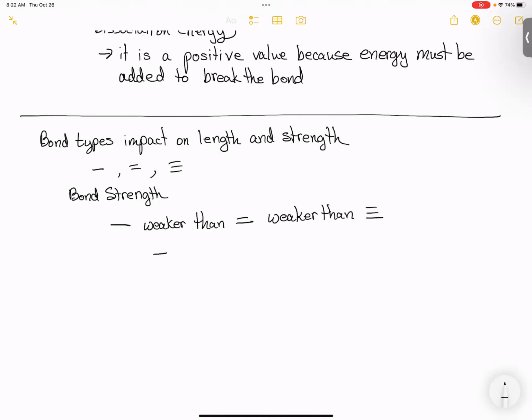Or in other words, you can look at it like this. This one is the easiest to break, whereas this one is the hardest to break.